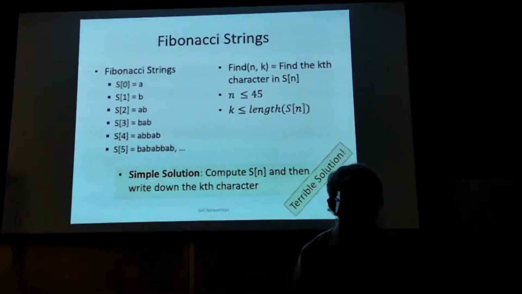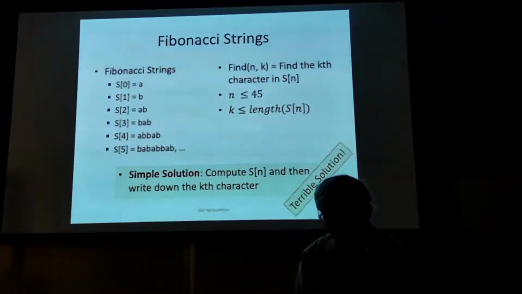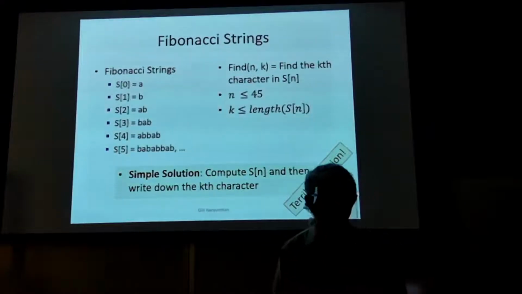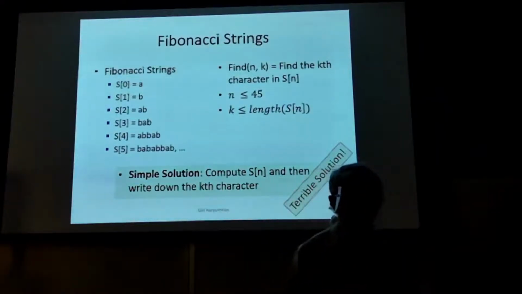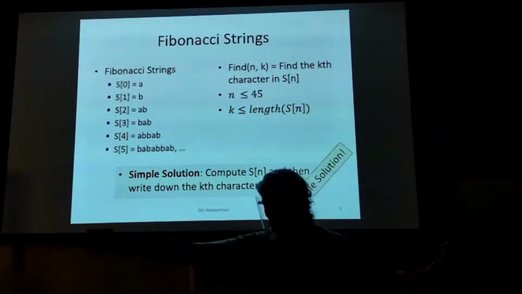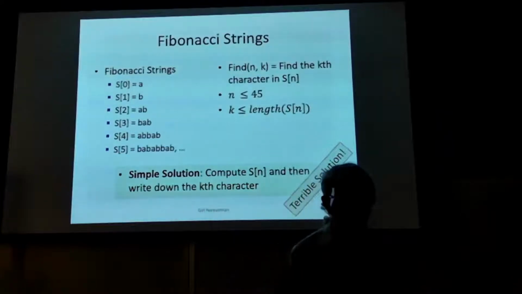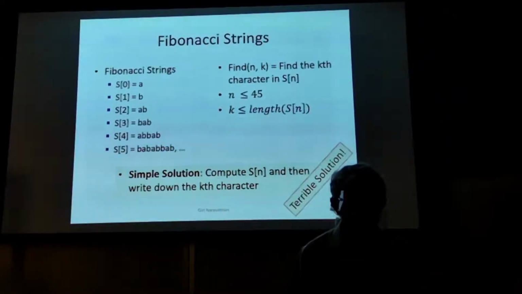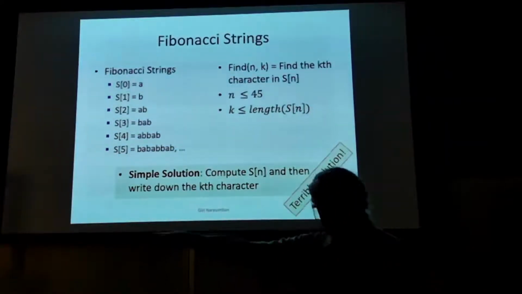We can set it up so we don't have to recompute previous S of n's. But still, if you're going to write it down, you're dead. Even if I have to write down just the nth sequence, it's going to be so long that it'll take me forever just to write it down. And then I have to go and look at the kth character.